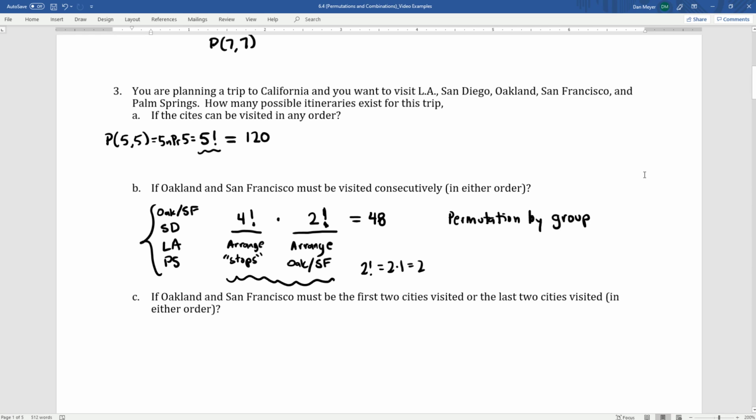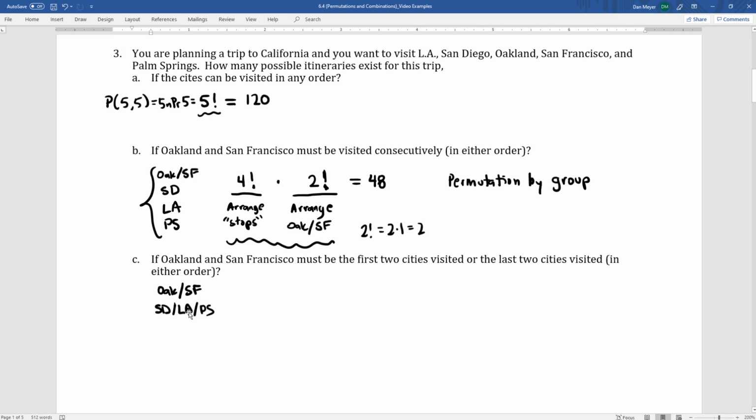Actually, part C is another one. We're going to visit Oakland and San Francisco. They either have to be the first two cities or the last two cities. Okay, the idea being, if we think about it that way, then Oakland and San Francisco is a group, but then the other three cities also form a group. Because if Oakland and San Francisco is at the beginning of the trip, then these three cities are at the end of the trip.